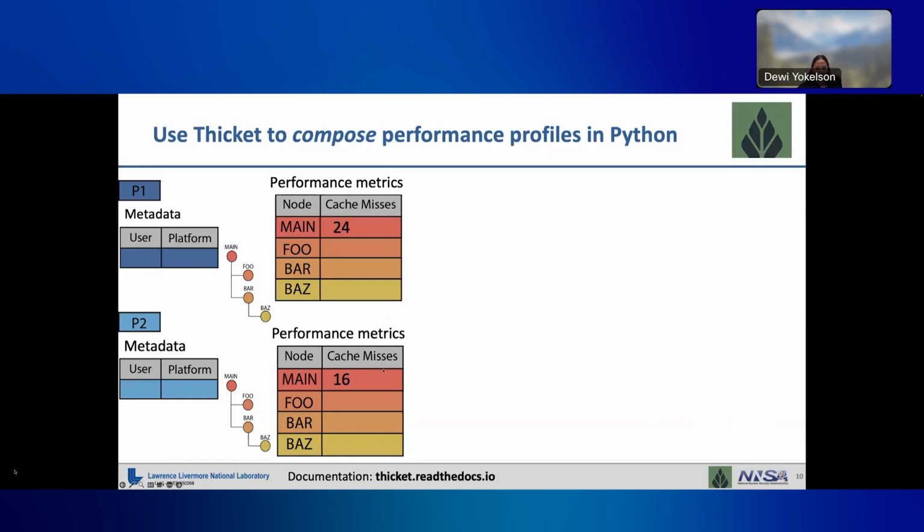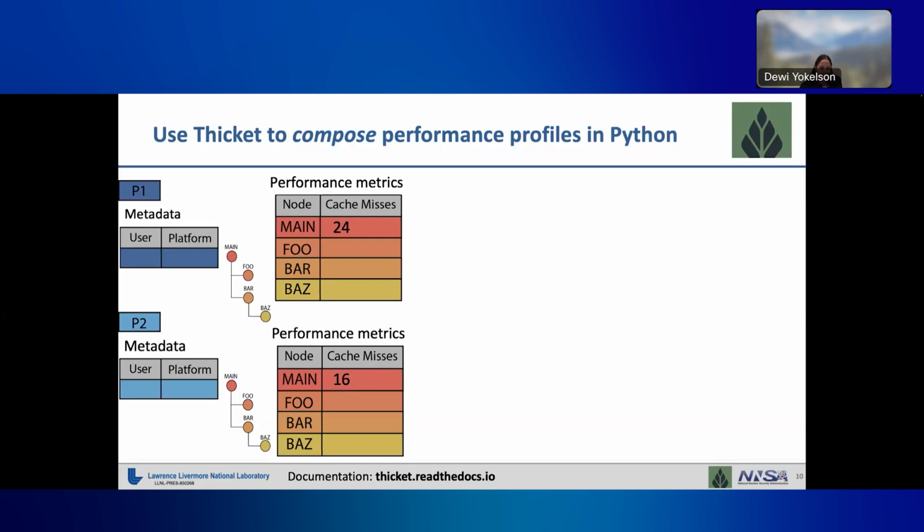In this case, it's the same call tree and the same performance metrics, but obviously different values. These are assuming multiple executions of the same application. Maybe you just use different build settings or different problem size. So basically we have the same application, but different performance metrics.